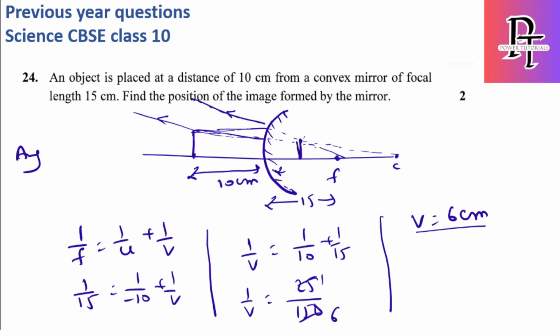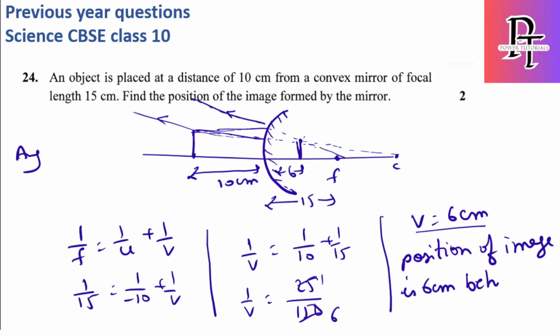Hence this distance should be positive and it should be 6 centimeters. They just ask the position. Find the position of the image from the mirror. Yes, it is 6 centimeters. The position of the image is 6 centimeters behind the mirror. They haven't asked regarding the nature of it, but if you want you can also write it. The nature is behind the mirror, which is virtual and erect.